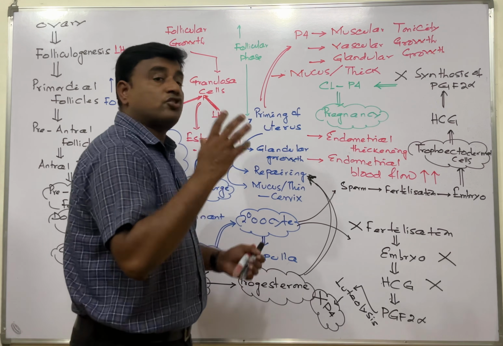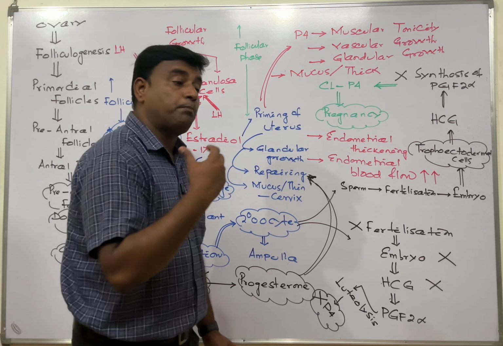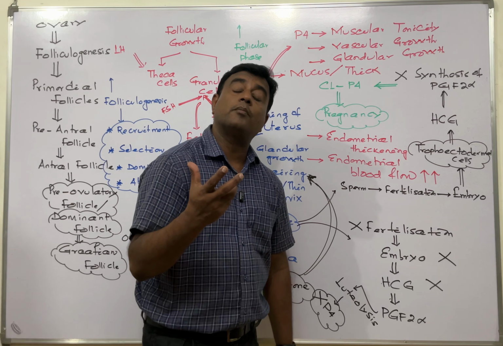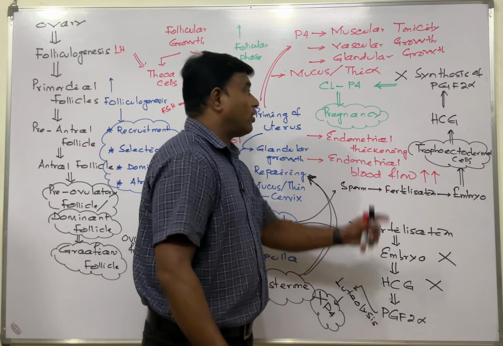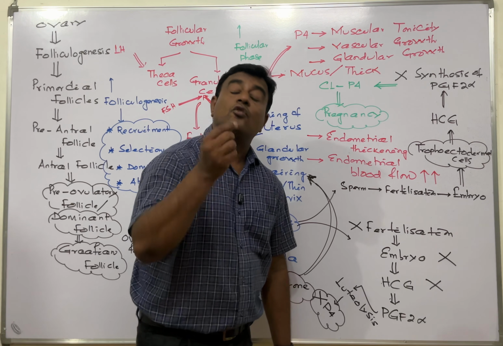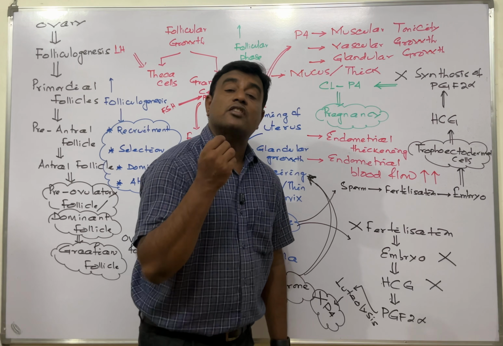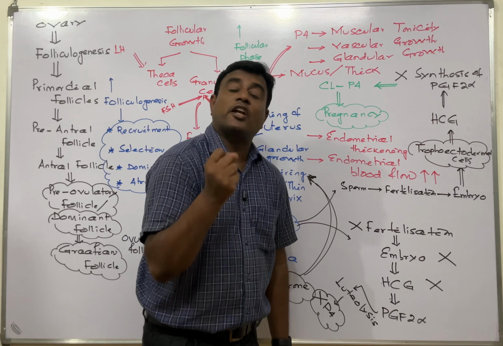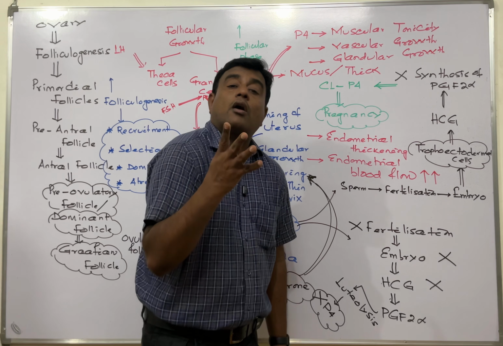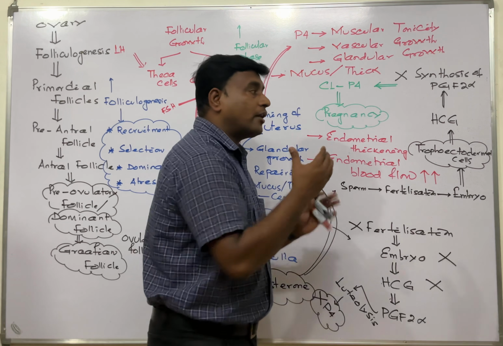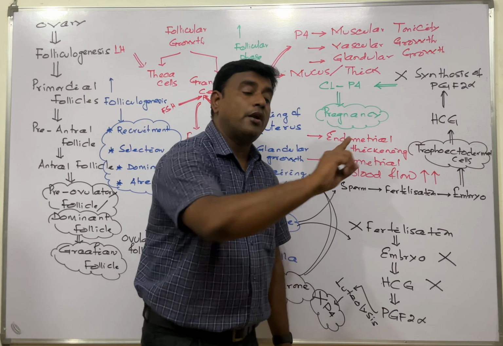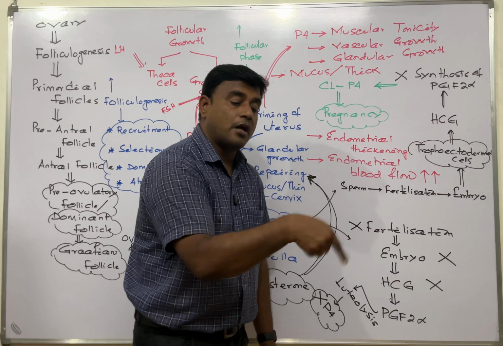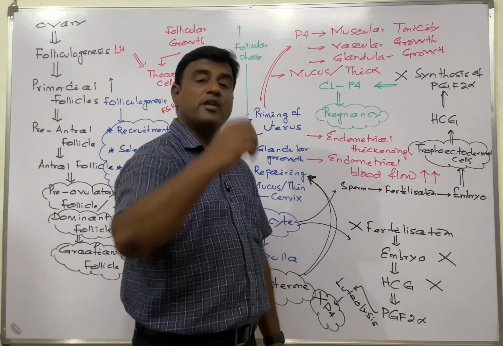Sloughing, ischemia-like changes occur. Hypoxic drive occurs in the endometrium. Cells start dying because the uterine arterioles, which are coiled, which are spiral, are constricted. Blood flow is restricted. The lining is sloughed off, and that sloughed lining along with the blood comes out through the vagina, and that is known as menstruation.